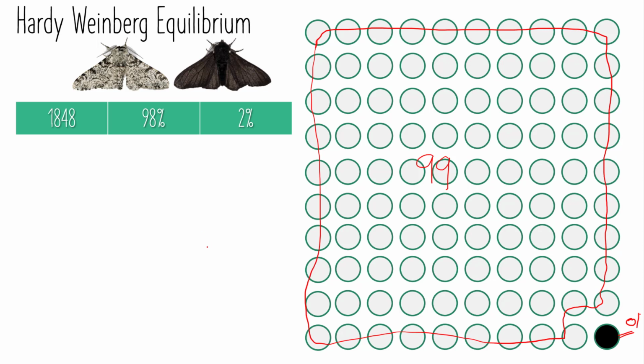So at this juncture, we can say that at the time of 1848, the allelic frequency of the light colored pepper moth in the population was almost 99%, and the dark colored pepper moth allelic frequency was contributing 1%. In this way, we have seen a situation that favored the population of the light colored pepper moth over the dark colored pepper moth.